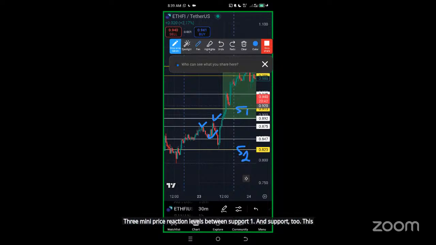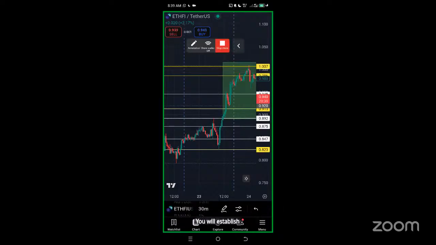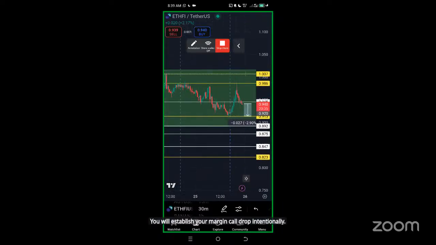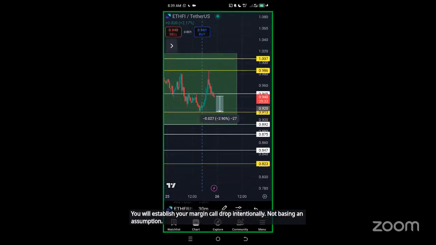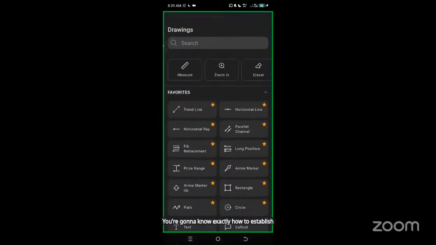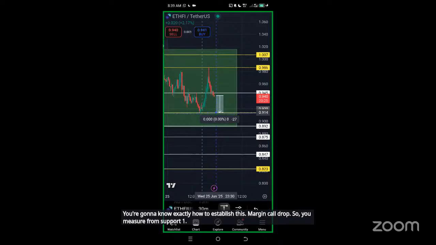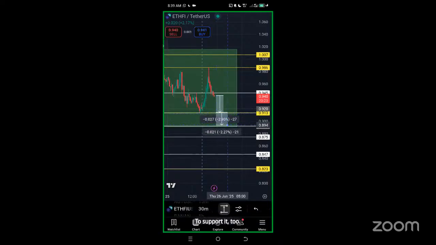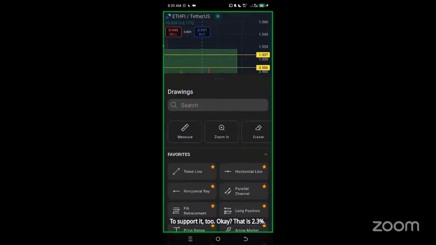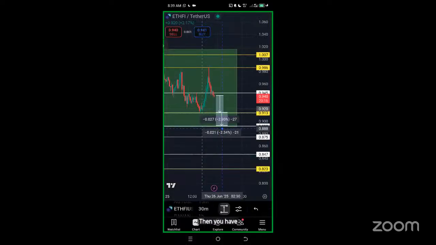This becomes very critical in establishing margin call drops. You will establish your margin call drop intentionally, not basing on assumption. You're gonna know exactly how to establish this margin call drops. So you measure from support 1 to support 2. Okay, that is 2.3%. Then you have from 2, from that point to this point, that is another 1.95%.